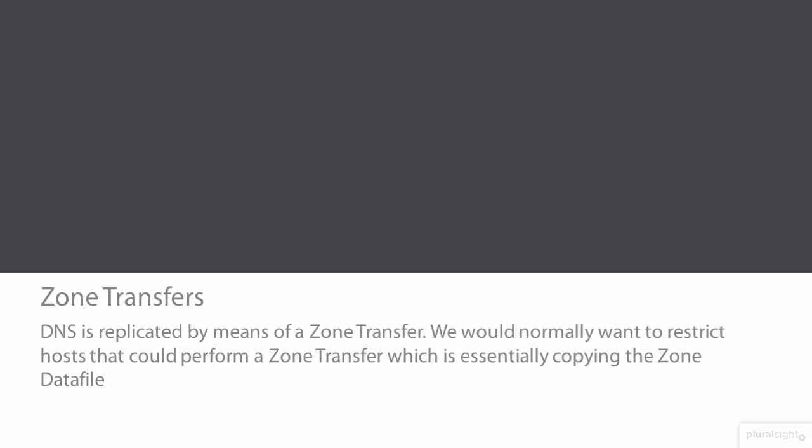Now, zone transfer is essentially the copying of our zone database from one server to another. It could also be through to a client, so I could use the dig command and AXFR, the name of the zone that I want to transfer and the server that I want to transfer it from.